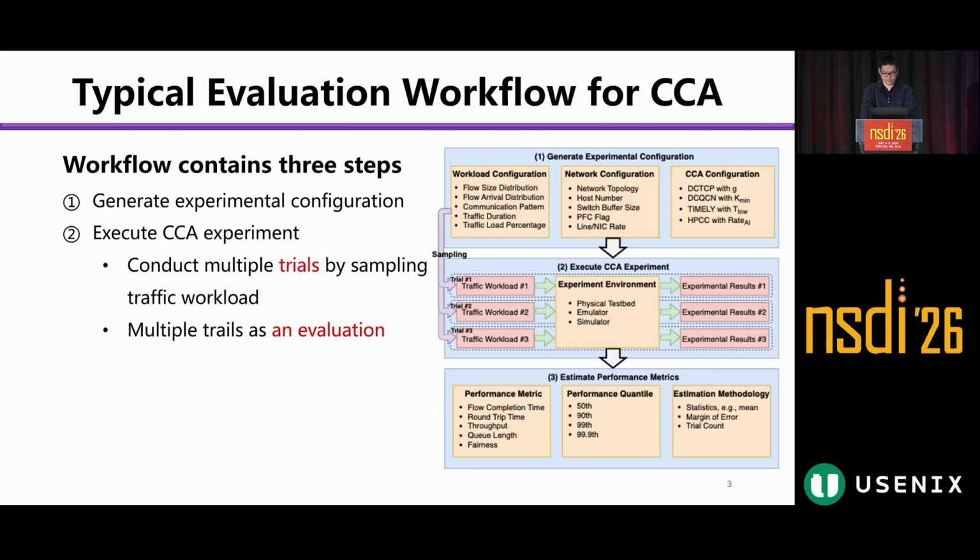Second, execute the CCA experiment. Researchers sample a traffic workload as a single trial and run multiple trials to form a complete evaluation. And third and finally, estimate the key performance metrics. This includes calculating core metrics like flow completion time, their quantiles, and applying the chosen estimation methodology.